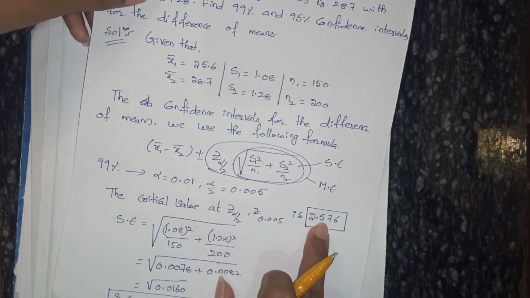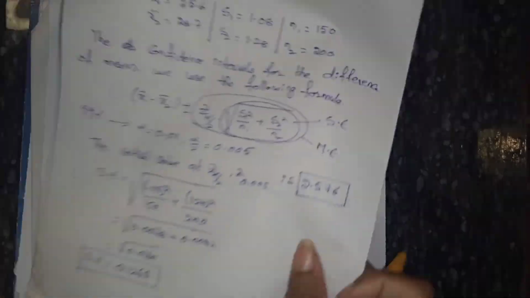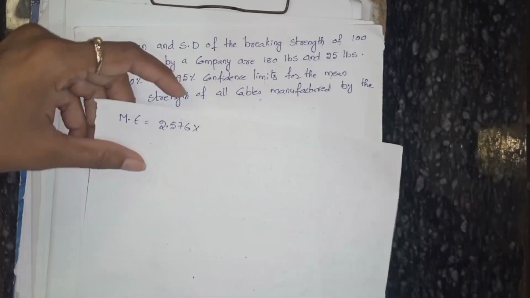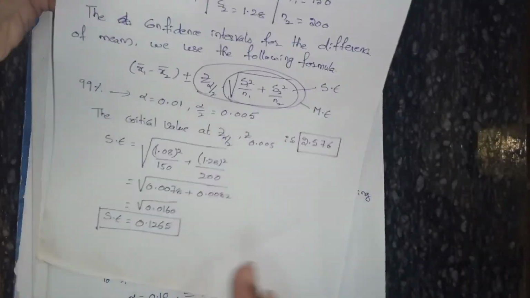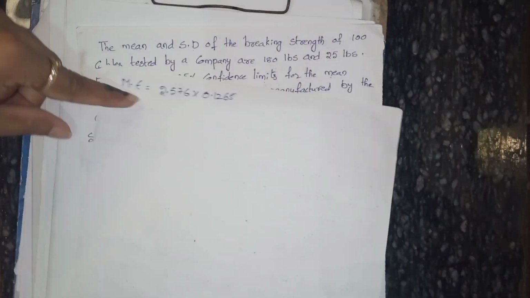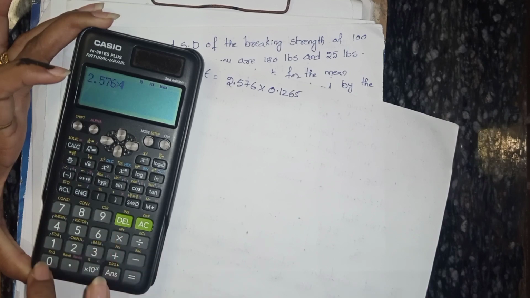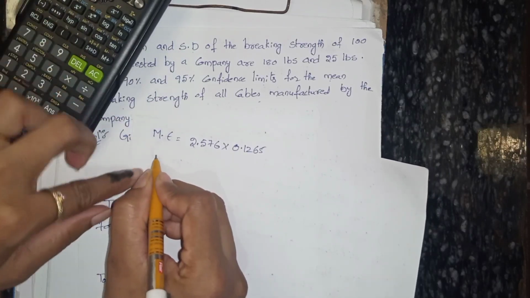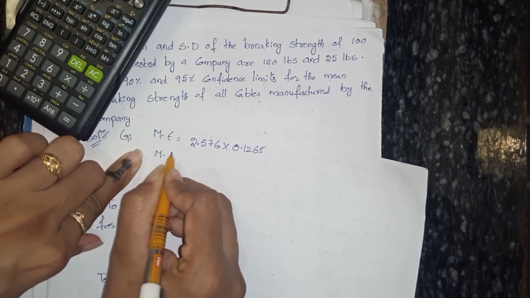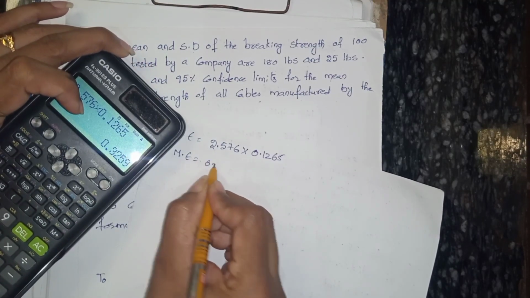Z alpha by 2 is the table value 2.576, into the standard error 0.1265. We multiply 2.576 into 0.1265, so the margin of error value equals 0.3259.